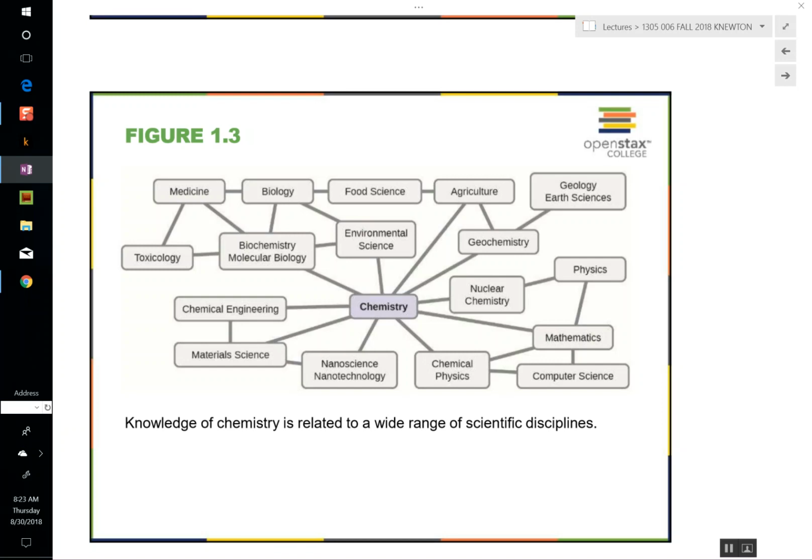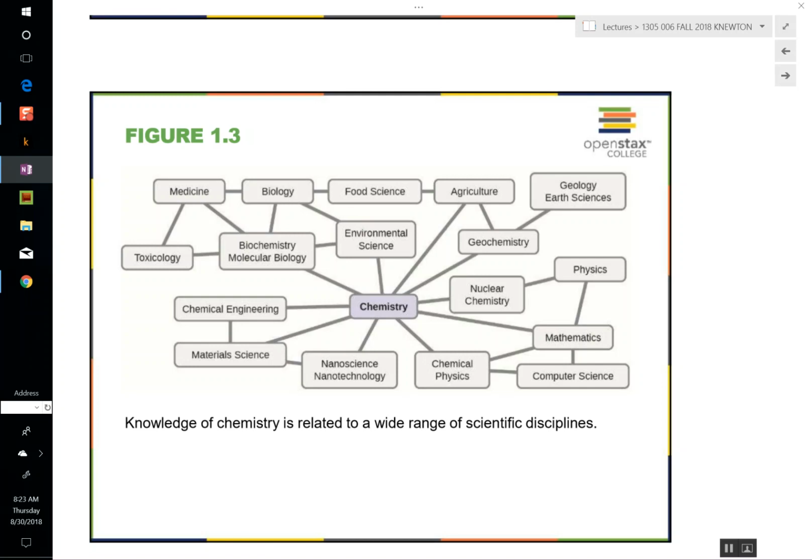So chemistry is related to many other fields. A whole lot going on here relative to medicine, understanding of cancer at a biochemical level, things like that. Yeah, so chemistry is related.